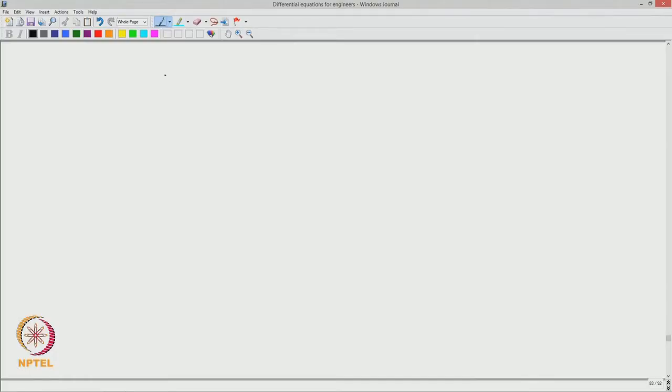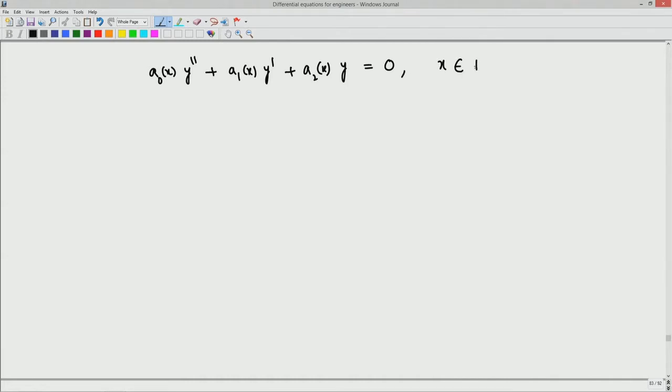Let's start with the general linear second order homogeneous equation. That is a0(x) y'' + a1(x) y' + a2(x) y = 0. So this is the general equation.